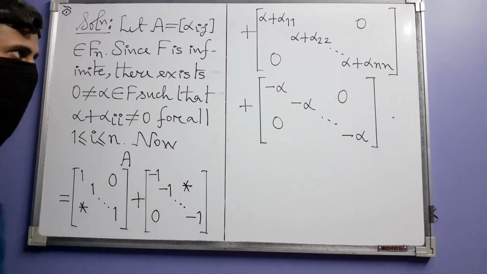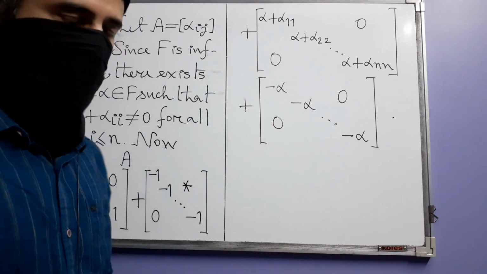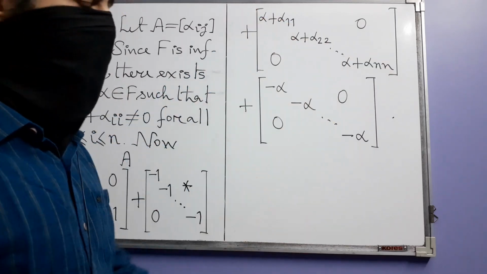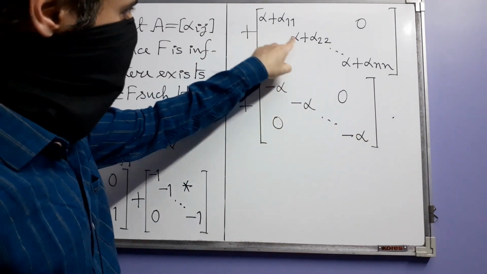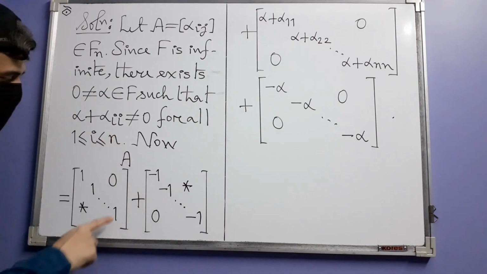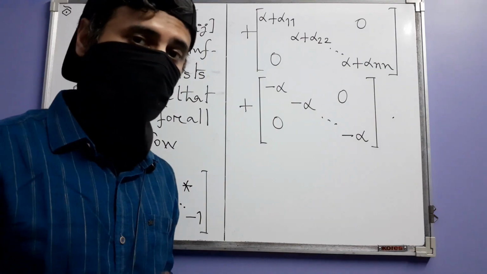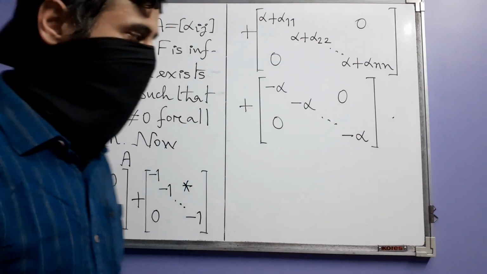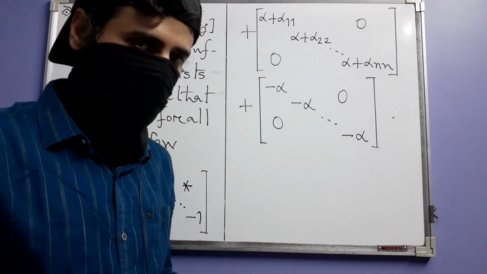So they are invertible, and these diagonal matrices are invertible because the diagonal entries are different from 0. Here minus alpha is different from 0, and here all these diagonal entries are different from 0. See? That is why we have been able to express A in this way as a sum of regular matrices. And the fact that F is infinite has helped us to do that. So that is part A.